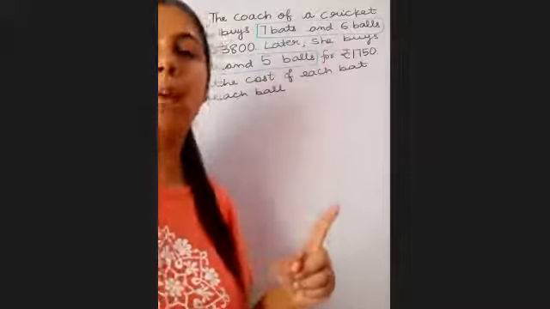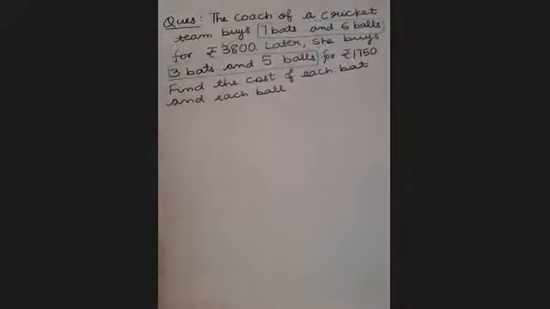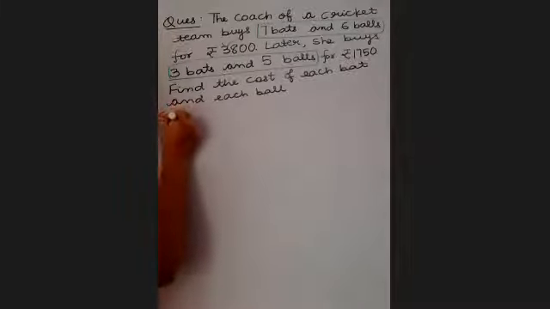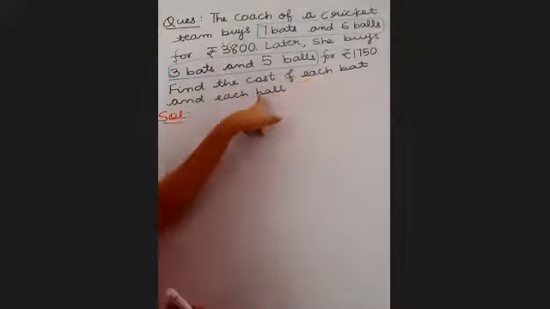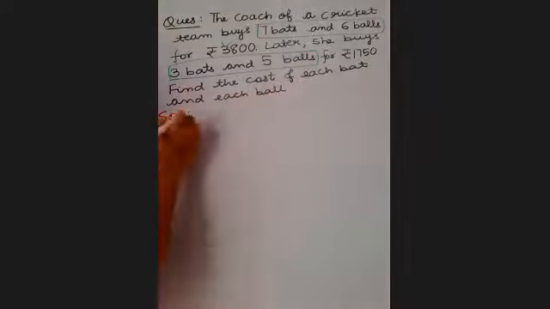Children, as suggested earlier, first of all, let us define the variables for the unknowns. What do we have to find? Cost of each bat and cost of each ball. So we will assign variables.